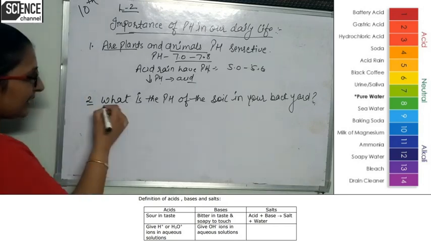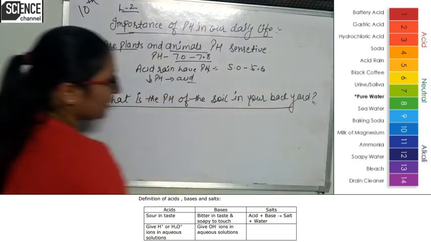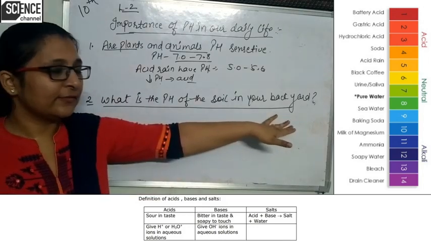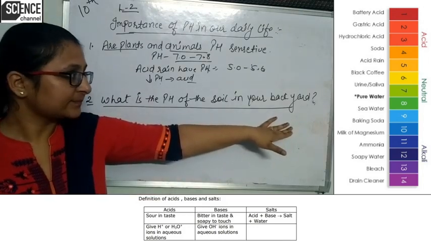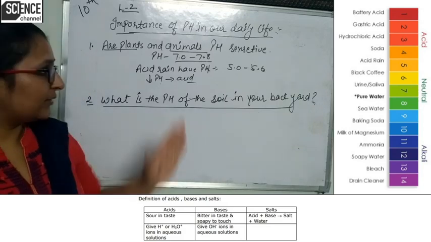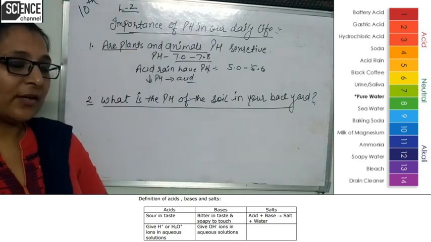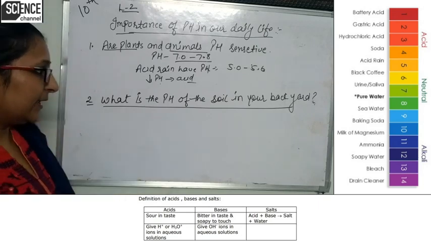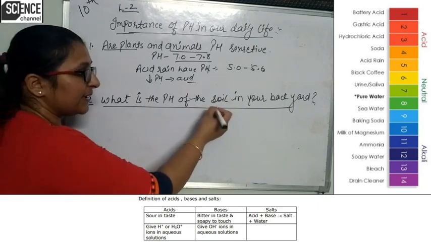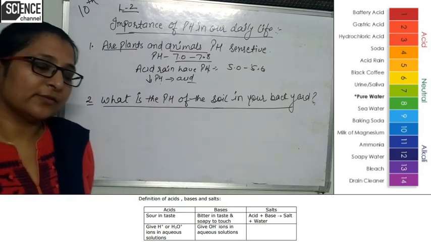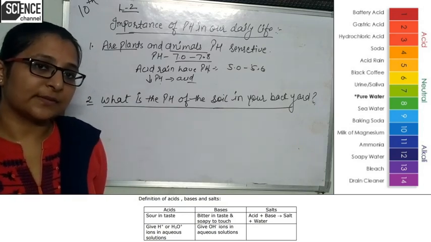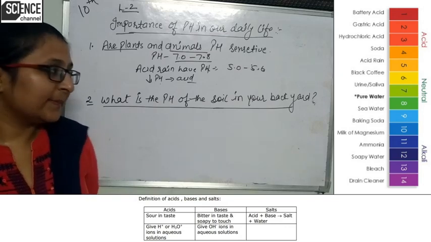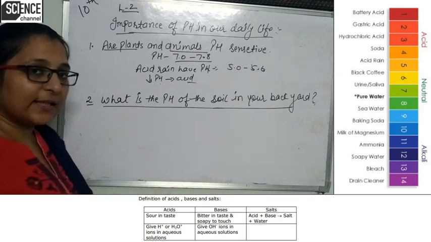Second one is, what is the pH of the soil in your backyard? Backyard means our field, khet. Clear? We firstly discussed that plants have their own pH value to grow. Now we are continuously cultivating the crops, so the pH value of the soil decreases.